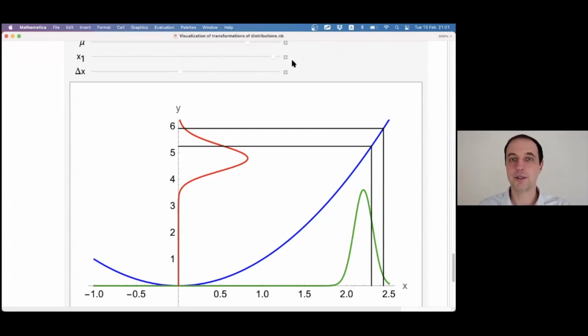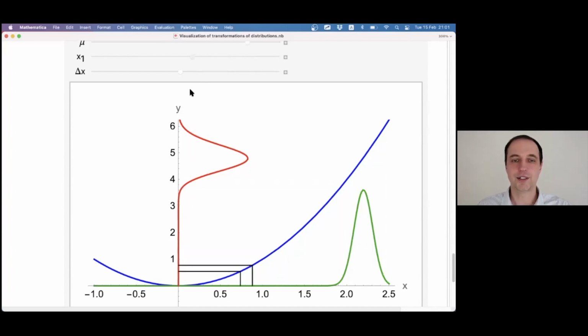If the range of y's in here is very short, then whatever probability you had in here of x's is going to get compressed. So that's going to lead to high values of the probability density function.